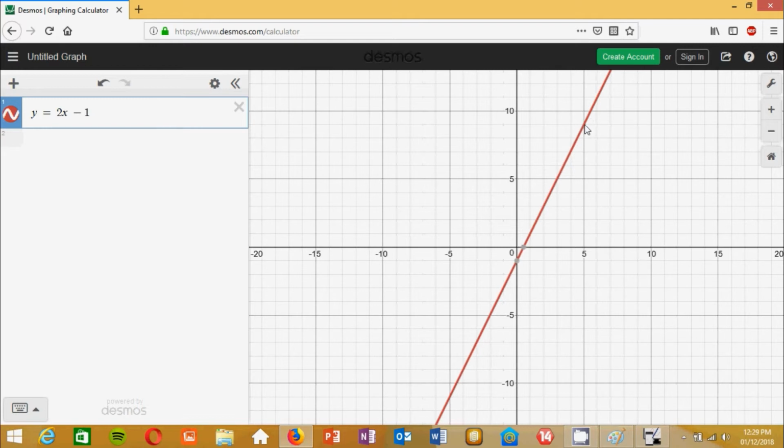So what it means is if it starts over here, it's going to continue extending until infinity. It can be anything just as long as it doesn't go below 9.